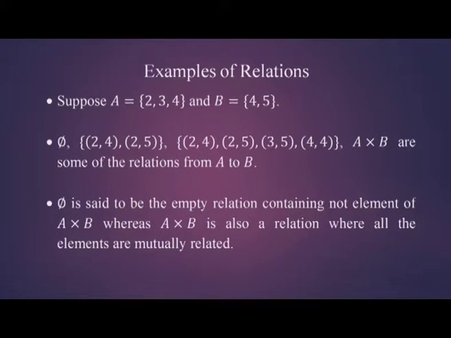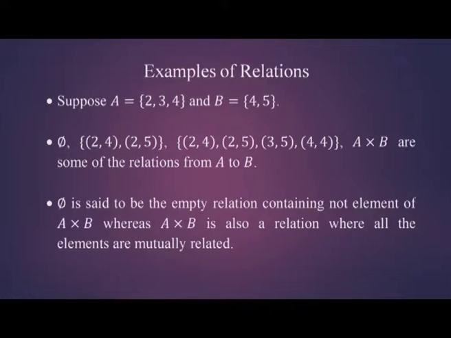We will consider some subsets of this Cartesian product. First of all, the subset which contains nothing, which is denoted by this symbol and read as phi, then the subset {(2, 4), (2, 5)}, then the subset {(2, 4), (2, 5), (3, 5), (4, 4)}, and A cross B itself, because A cross B is of course a subset of itself. Now, all of them are relations from A to B. Phi is said to be the empty relation because it contains no element.